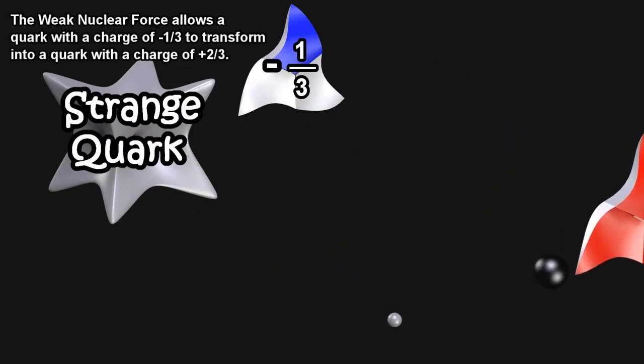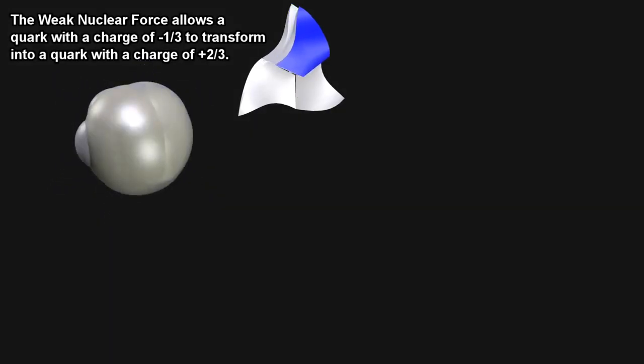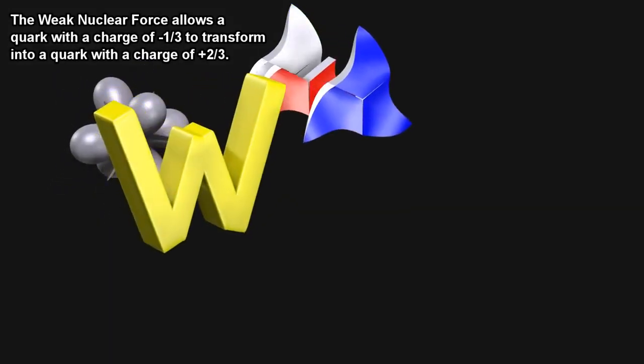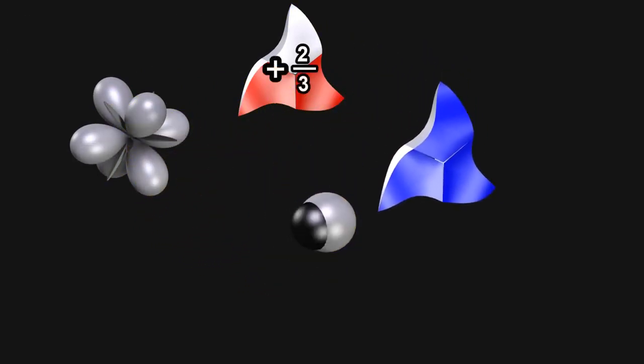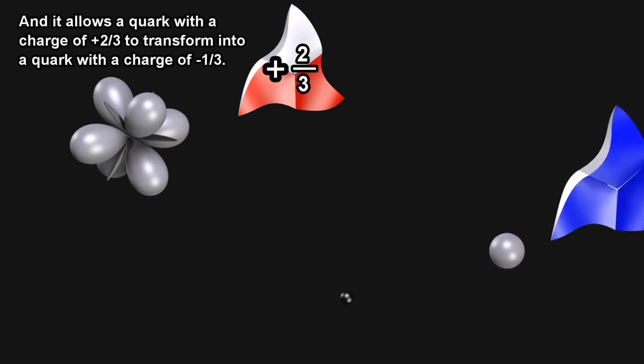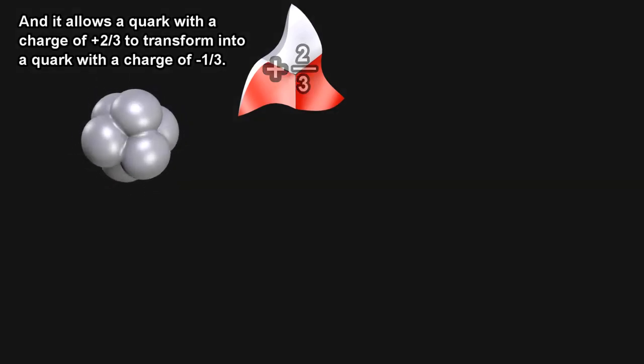The weak nuclear force allows a quark with a charge of -1/3 to transform into a quark with a charge of +2/3. And it allows a quark with a charge of +2/3 to transform into a quark with a charge of -1/3.